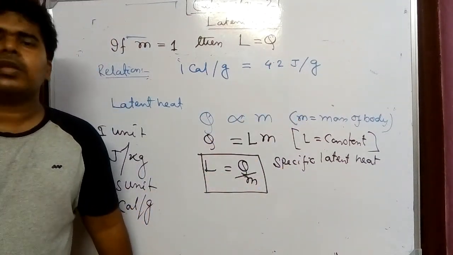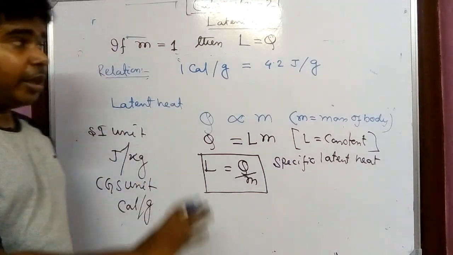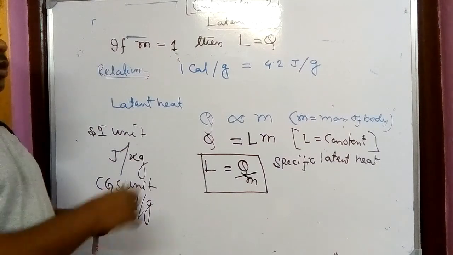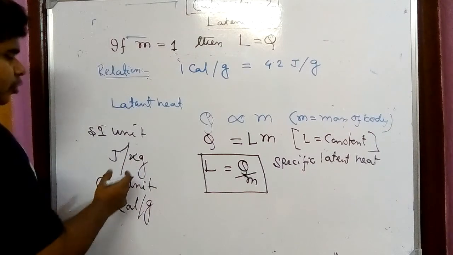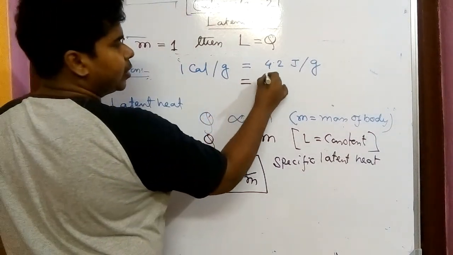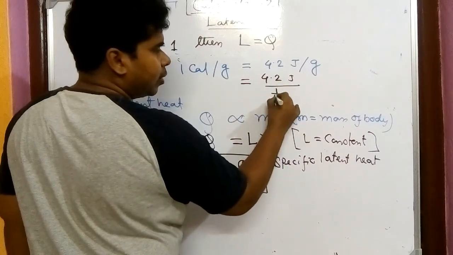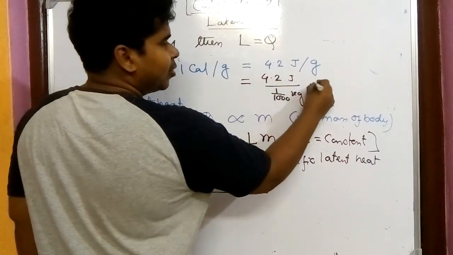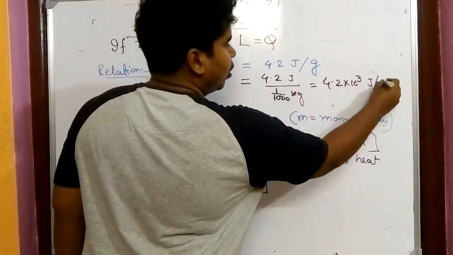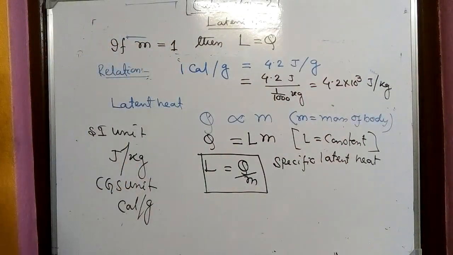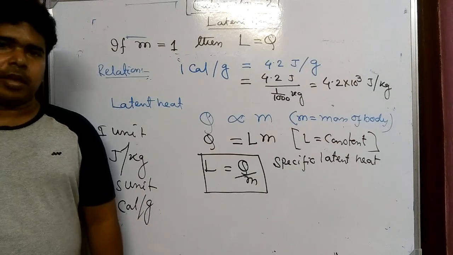We can use it for general purposes, but we cannot give it a special name because it is a combination. If I want to convert it to joule per kg, it is also very easy: 4.2 joule per gram, and a gram is 1 by 1000 kg, so it is 4.2 into 10 to the power 3 joule per kg. These are the relations between the units of specific latent heat.